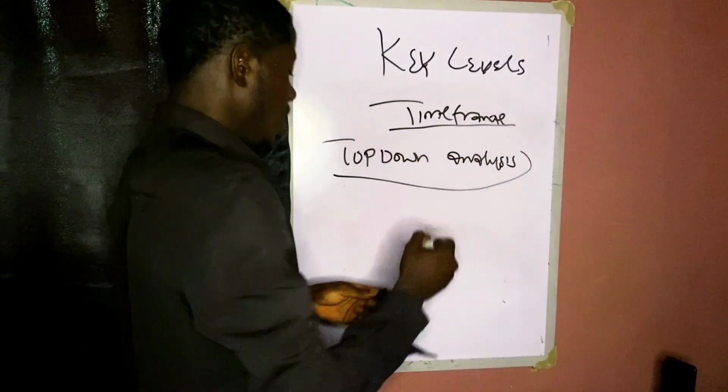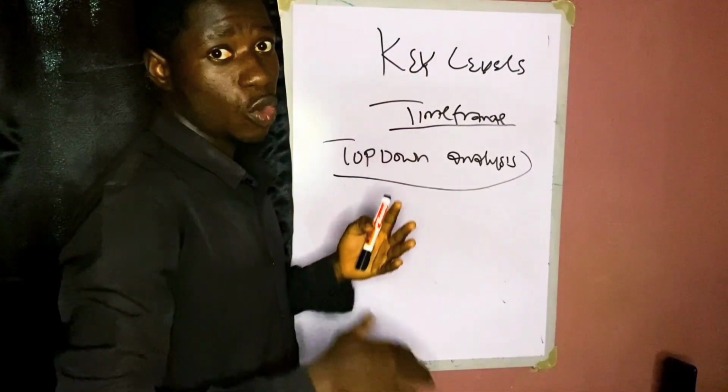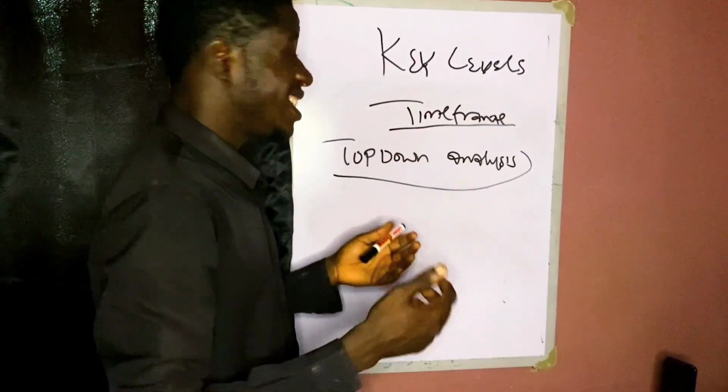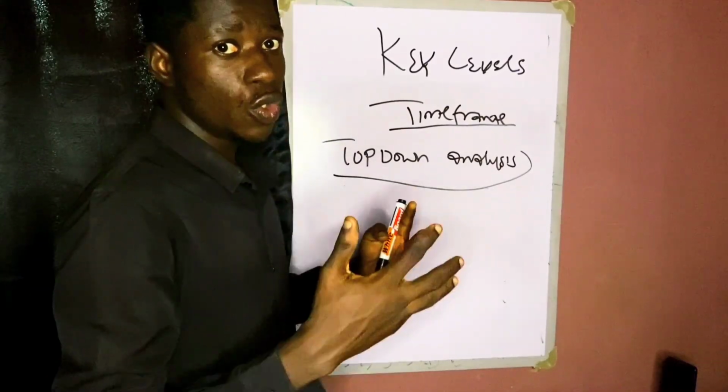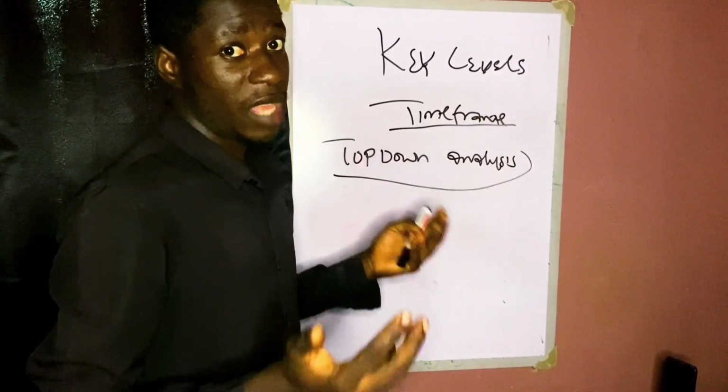Now, what is top down analysis? It simply means that you're going from higher time frame down to lower time frame to understand what the big investors are doing. Then you simply scale down to lower time frame to look for entries in line with the higher time frame direction, right?